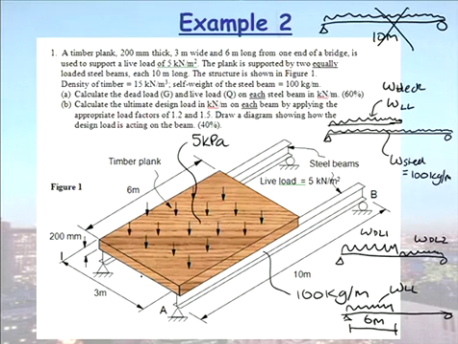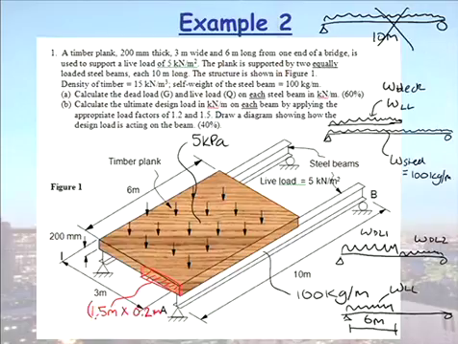If I was dealing with just density times cross-sectional area, the cross-sectional area on one beam is this area in here. And that area in there is 1.5 metres times the thickness of the deck, which is 0.2 metres thick.